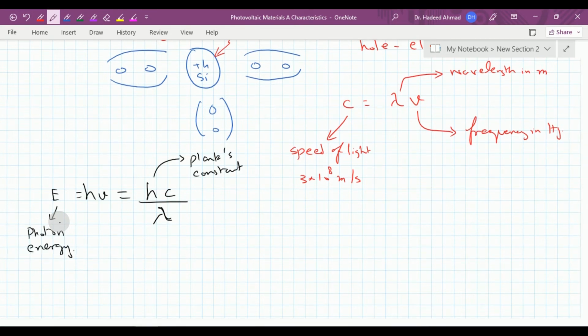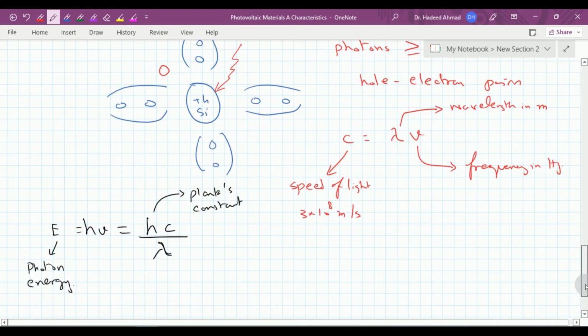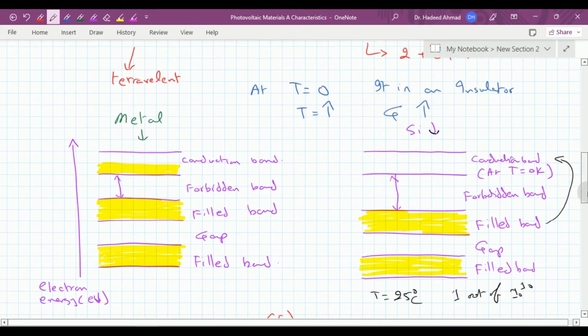Right? So what we want to achieve from these two equations is to characterize the wavelength of light which is able to knock out, or relocate, an electron present in the filled band into the conduction band.